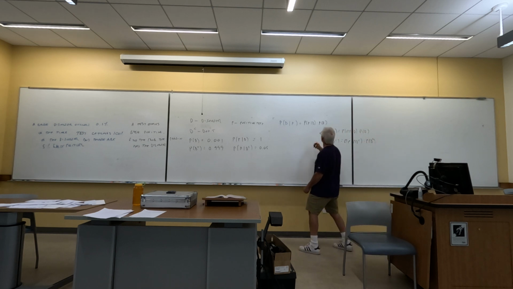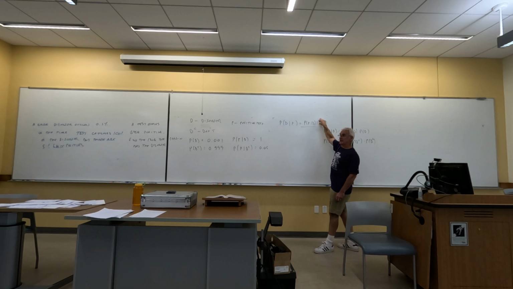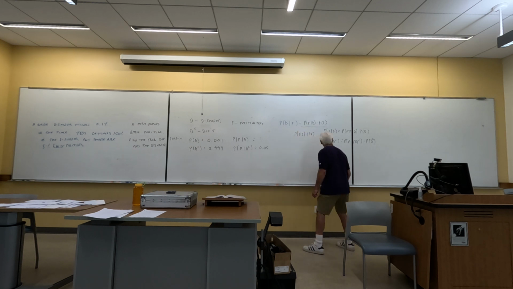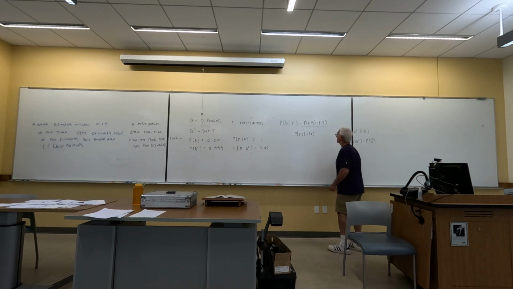Now, what's in my denominator? What is my numerator? These are all of the people, basically, that have the disorder. And what do I want in my denominator? All the positive tests. So my denominator is going to be the probability of a positive given D times the probability of D. Sorry, I'm going to have to erase this right now.